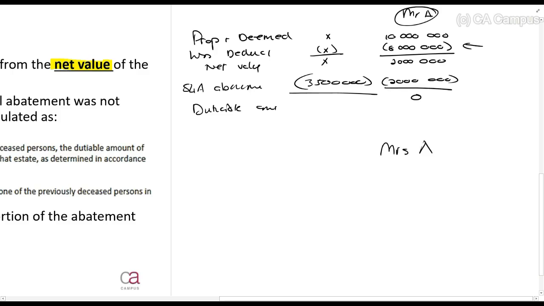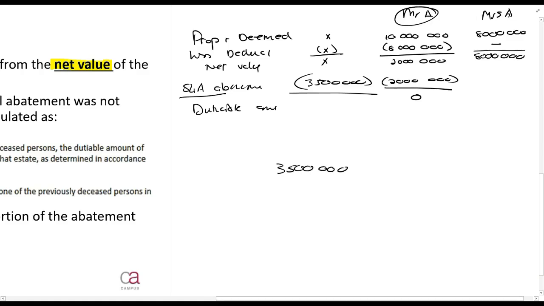Now Mrs. A. Just to make it simple, she dies a couple of years later. Assume that she only had that 8 million rands, just to make it simple. Right. No deduction. So it gives her 8 million rands here. This Section 4A abatement of hers now, as she gets 3.5 million rands for herself, plus another 3.5 million rands for her spouse, because she had a spouse.